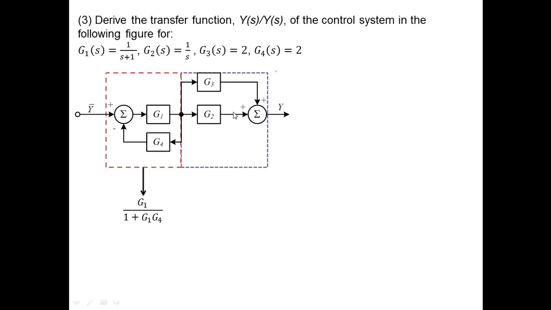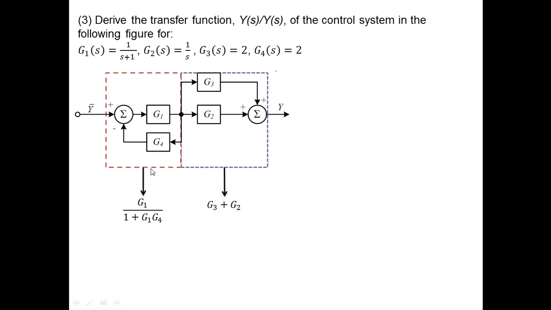Keep in mind, here we don't have a loop, just two parallel blocks. So in order to simplify these two, because they are parallel, the simplified transfer function of these two routes is just the summation of these two, G3 and G2. So the resulting transfer function for these two parallel routes will be G3 plus G2.